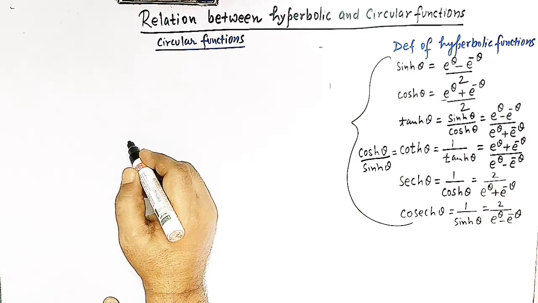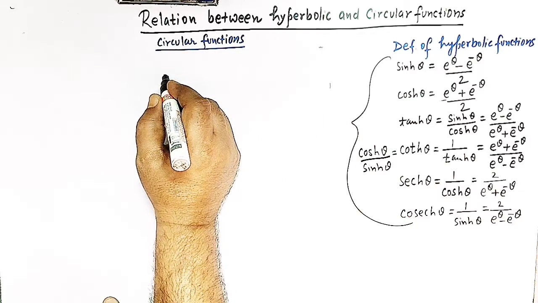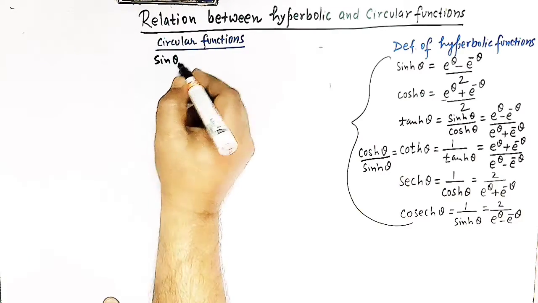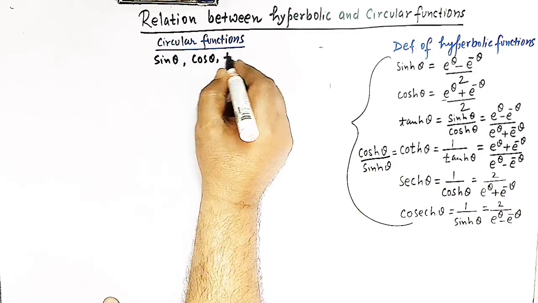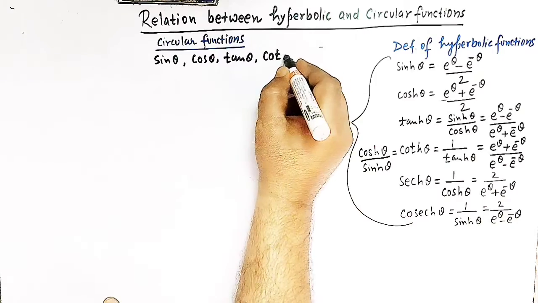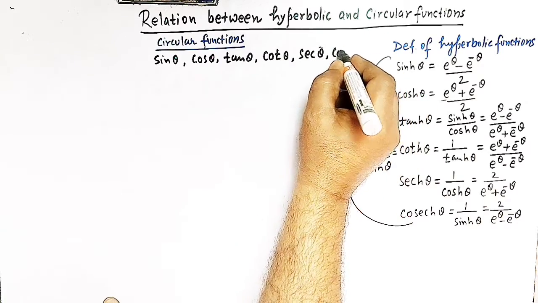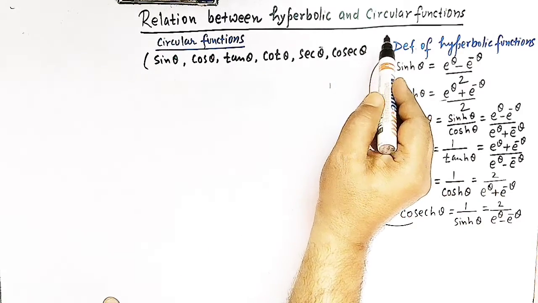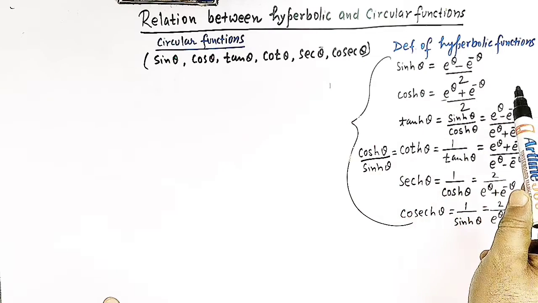Circular functions are also known as trigonometric functions, and we have 6 trigonometric functions, that is sine theta, then we have cosine theta and tangent theta, then we have cotangent theta and secant theta and cosecant theta. So these are the 6 circular functions, and here we have the six hyperbolic functions.